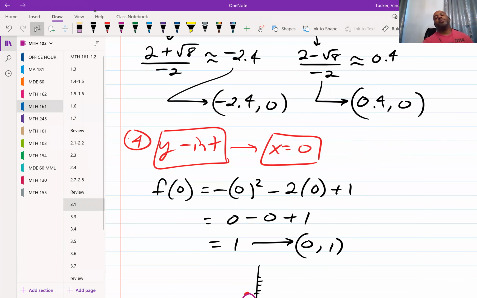Next one, your y-intercept: let x be equal to 0. You just plug in 0 wherever you see x in your function. 0 squared is 0, 2 times 0 is 0, plus 1. So that's just going to be 0, 1 as our y-intercept.